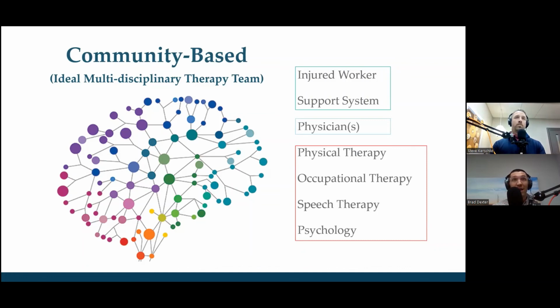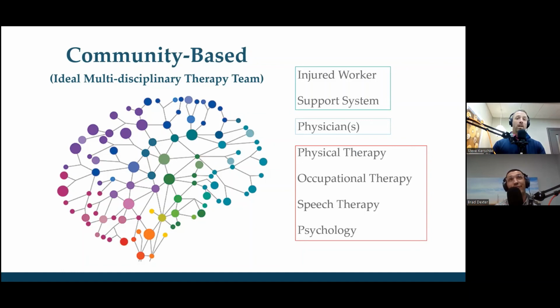I get viewpoints and perspectives from my occupational therapist, the psychologist working with the individual, the speech therapist, and having a few more heads at the table always, I think, leads to better outcomes, right? There are cases where it's just one discipline working with a person, especially on the telerehab side. But I love not working on an island and being able to work together in a team to make sure that we're looking at things from all different angles.